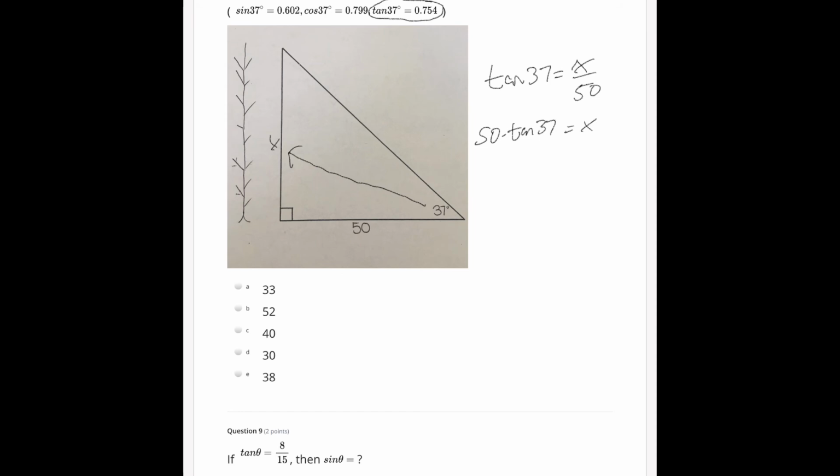So in our calculator, let's do 50 times 0.754. I get 37.7. So to the nearest whole number, we'll get 38.